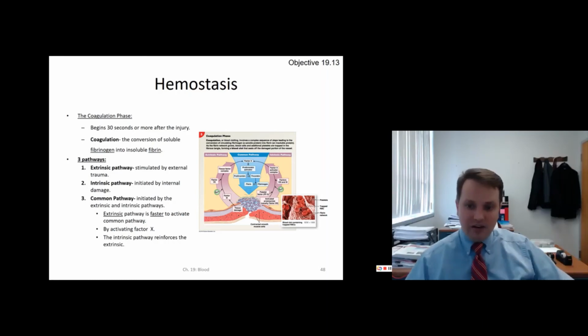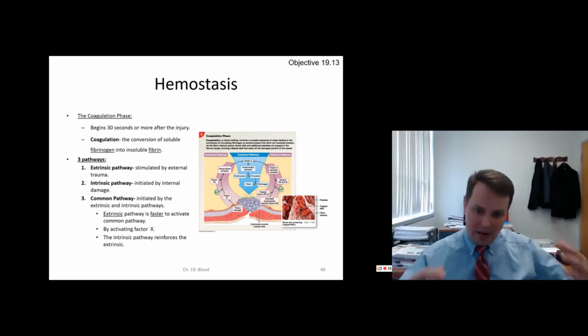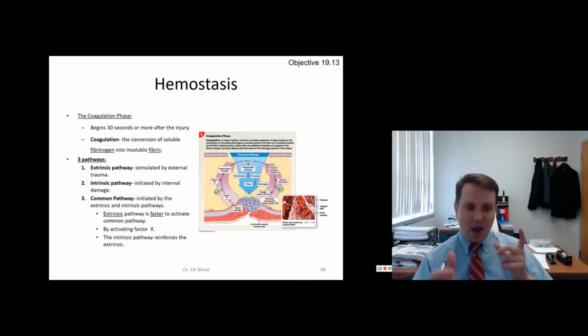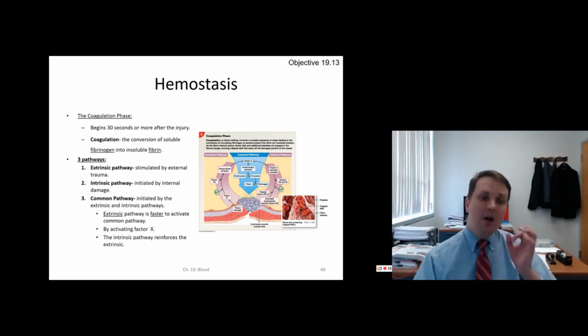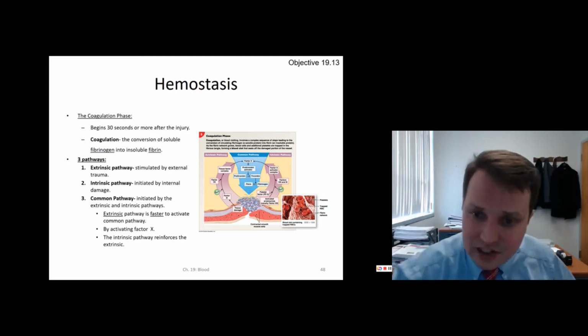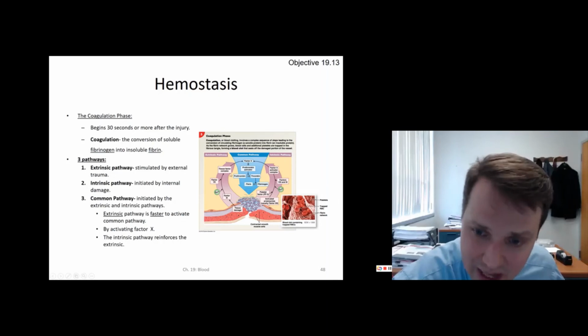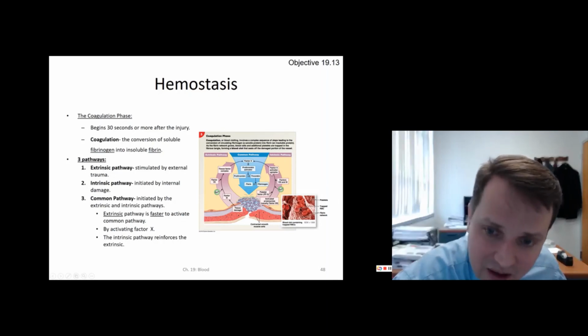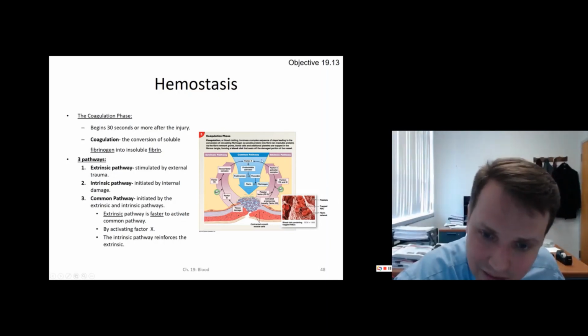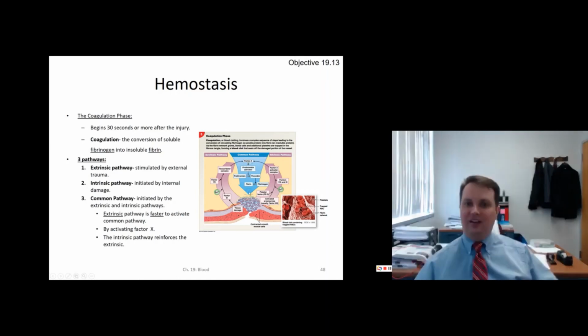It's the ones that have all the different factors, the big cascade. But they are both important to activate it and act as a positive feedback loop to reinforce. So the intrinsic is very reinforcing. But the goal is to come from the extrinsic and the intrinsic to activate factor X. And when factor X is activated, then we can activate the rest of this.